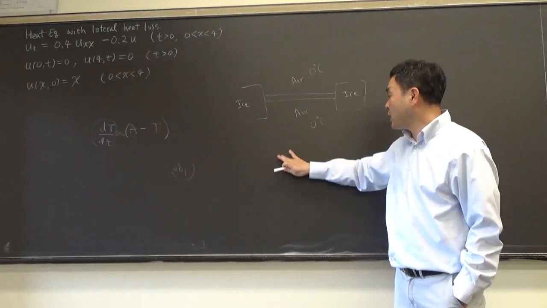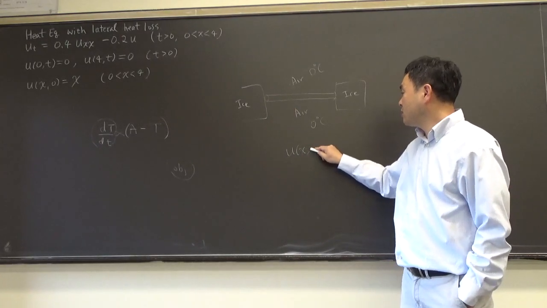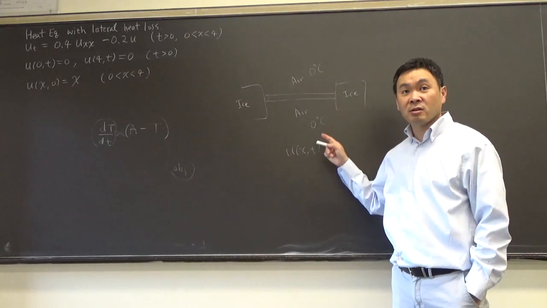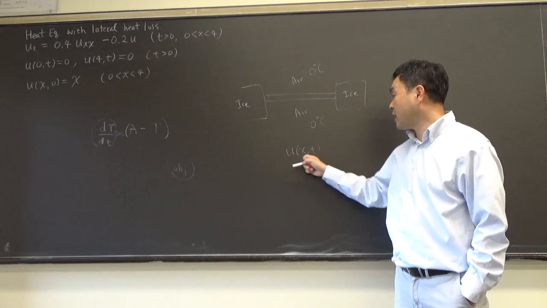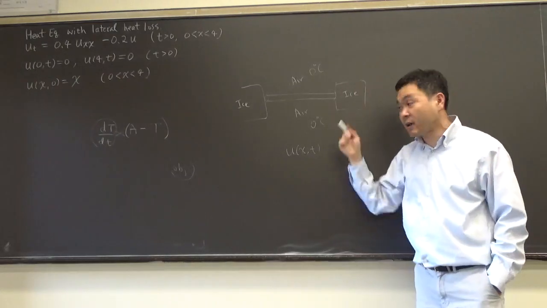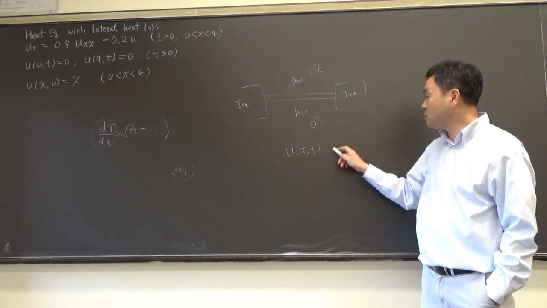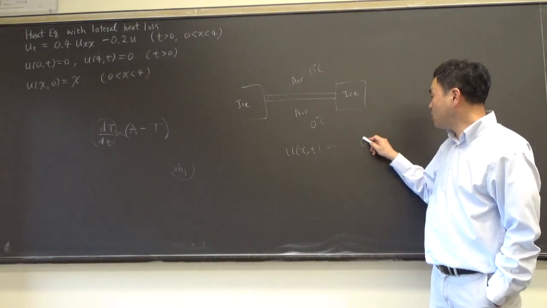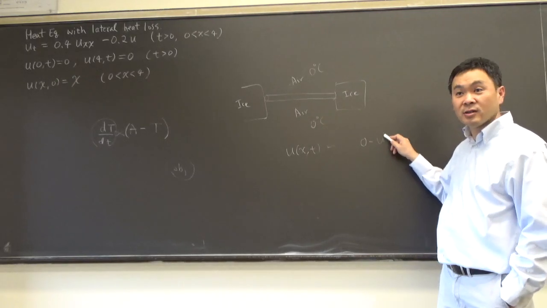in this question we have u(x,t) as the temperature of the object at location x, right? And if you think about the lateral action, you can say that this should be proportional to 0 minus u, right?